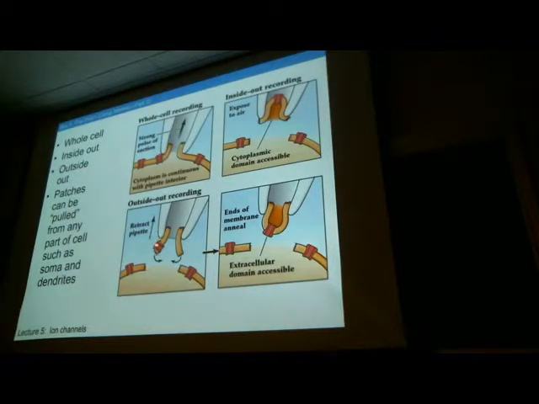What happens is you rupture the membrane, so there's a hole here, and then you pull off a chunk of this membrane, which then reseals. Now the outside of the ion channel is exposed to the extracellular medium. This is really useful, especially for ligand-gated channels, because you have access to the outside.